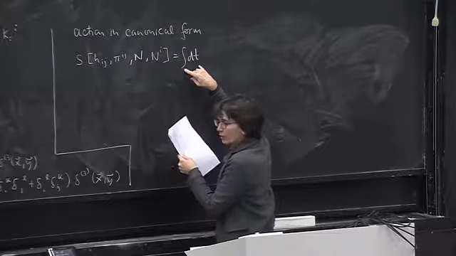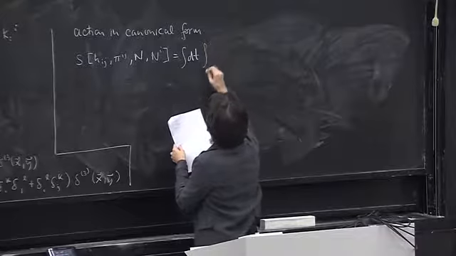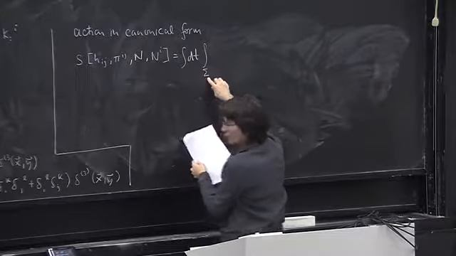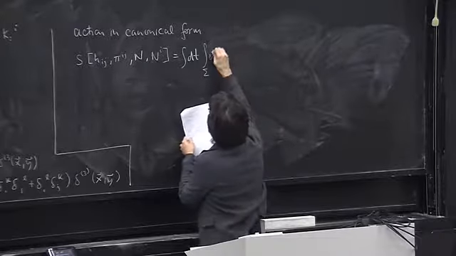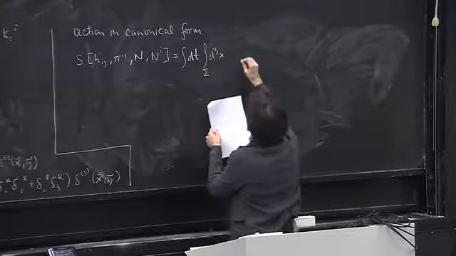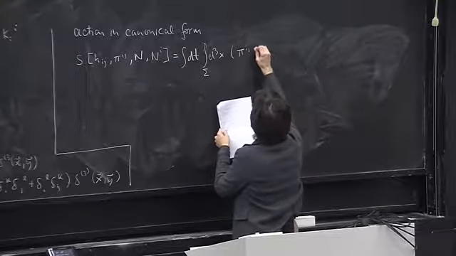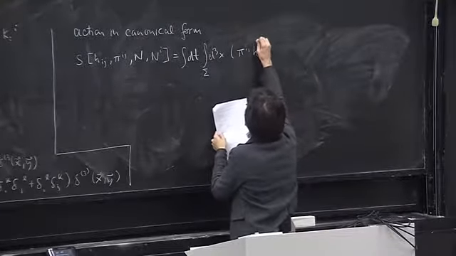Now, I make a 3+1 split, integration dt, and I split off from this an integration over my sigmas, d³x, π^ij ḣ_ij.